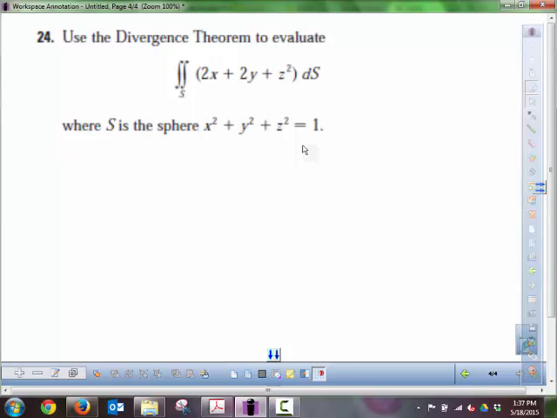So clearly this is not a flux integral. Well, I don't know if it's clear, but it doesn't look like a flux integral. It's a surface integral. To make it a flux integral, we would dot it with some normal vector, right? Is there any way we can think about dotting this with a normal vector?